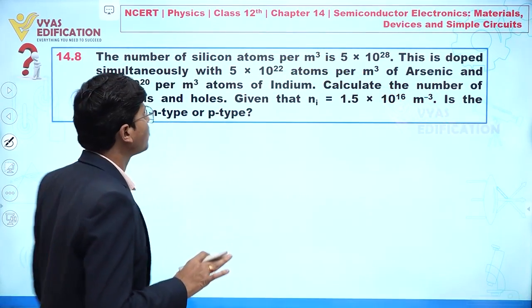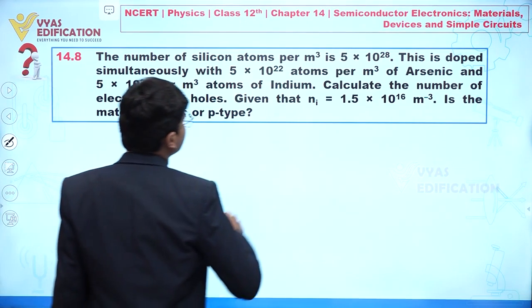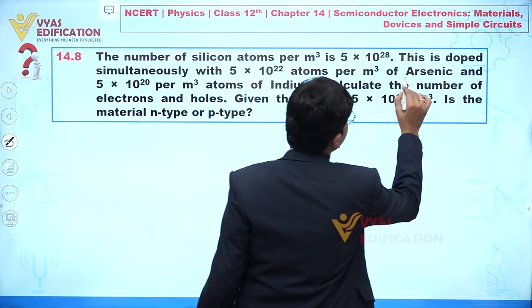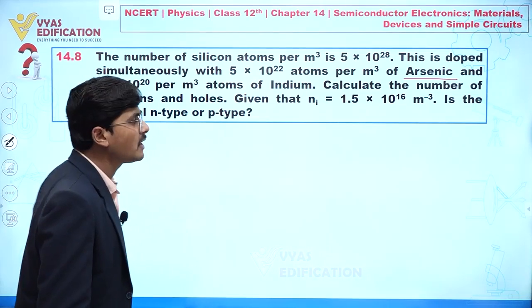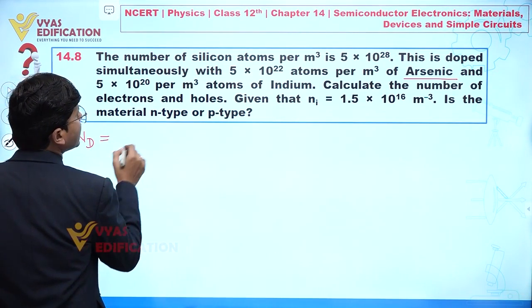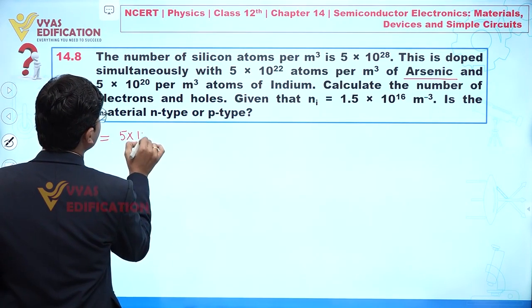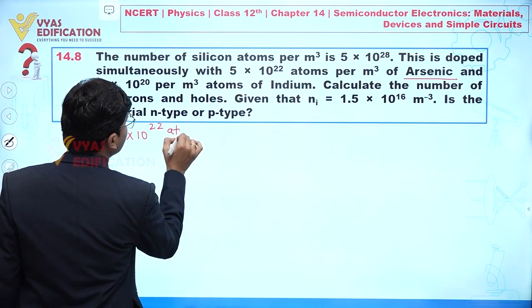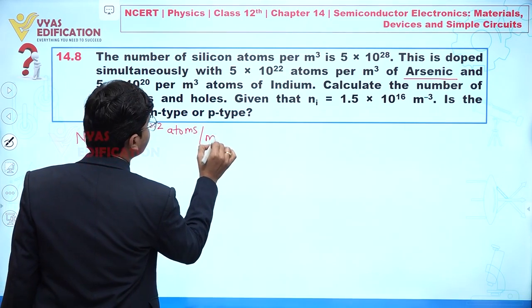First of all, we have arsenic. Arsenic is pentavalent, which means it is a donor. So I take the Nd value as 5 into 10 to the power 22 atoms per meter cube.